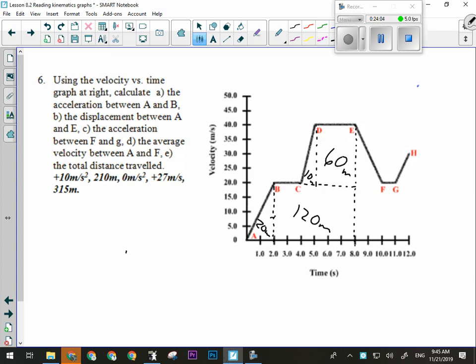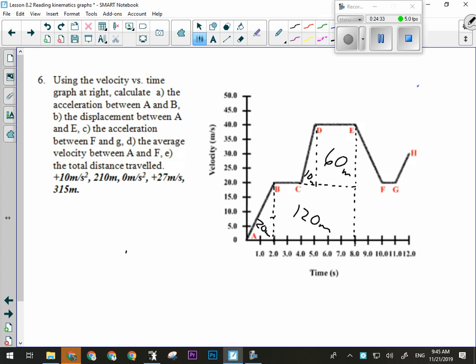All right, 60 plus 10 is 70, plus 120 is 190, plus 20 is 210 meters. Okay, everybody with me there? If you drew different shapes, you should still get the same area. Just you're going to do probably more calculations because you would end up with more shapes. We're trying to limit the number of calculations you do.